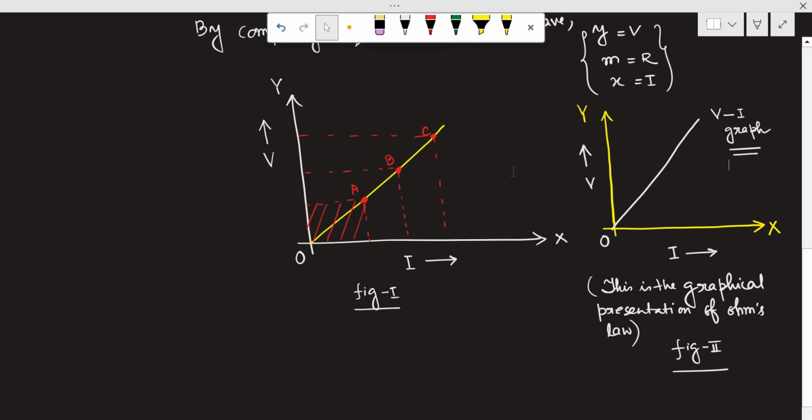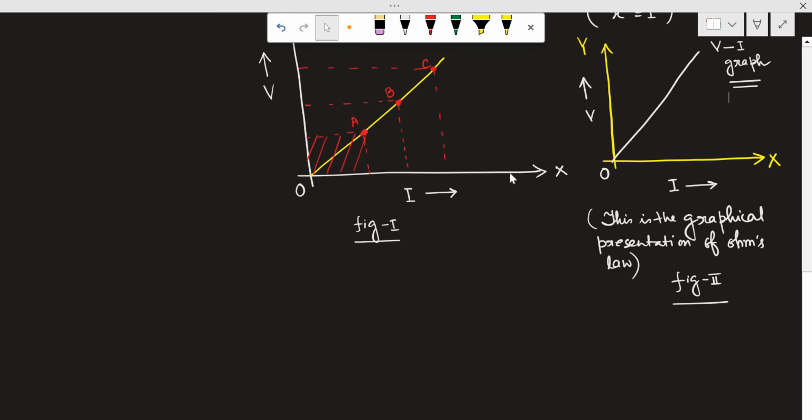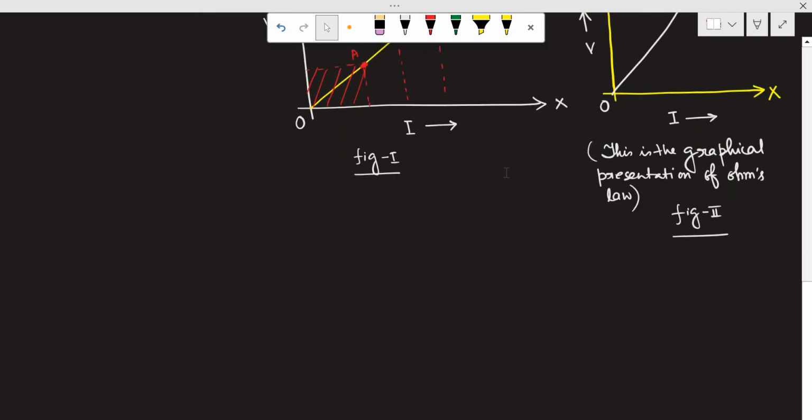So the graph is a most important one, and I think it will be asked in your examination, because without the basic understanding of graphical nature of Ohm's law, you are not able to solve the questions which are a little bit complicated. So this is the basic knowledge of graphical presentation of Ohm's law.